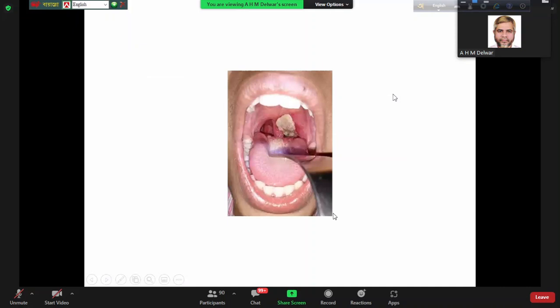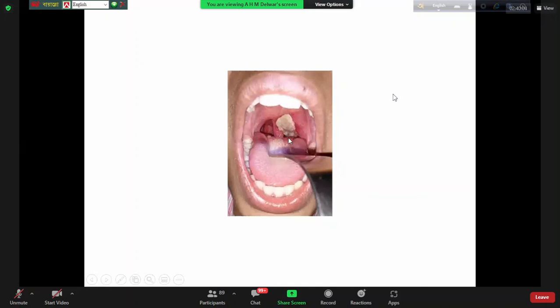And this is one figure, a diphtheric picture of a patient. You see that there is a whitish membrane spread over the uvula, the soft palate, over the tonsil, over the uvula, over the soft palate.